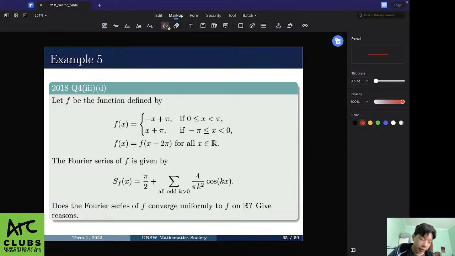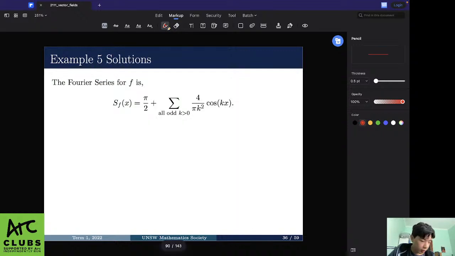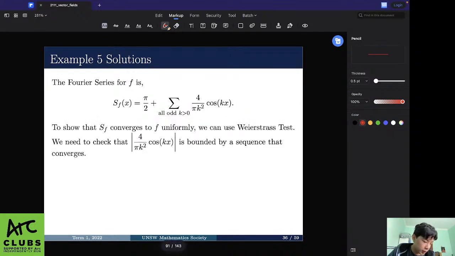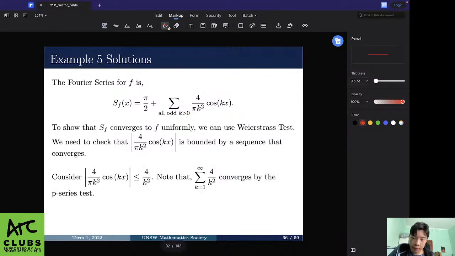Well, we can take the Fourier series right here, and we just need to see if this sum uniformly converges. The way we do that is we take this term right here and see if it's bounded by some term c_k, where the infinite series of c_k from k equals 1 to infinity is convergent.